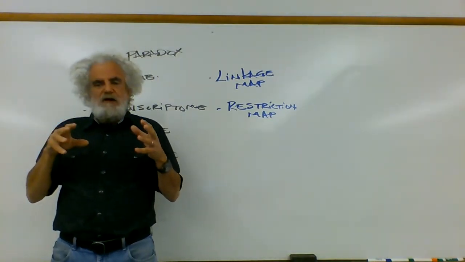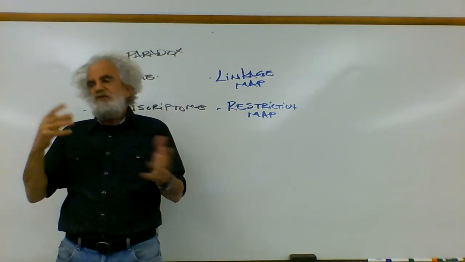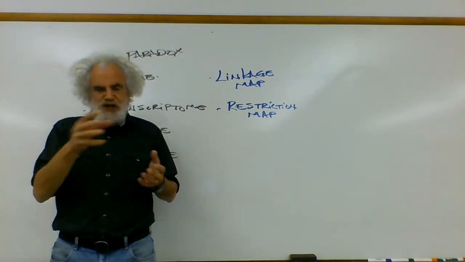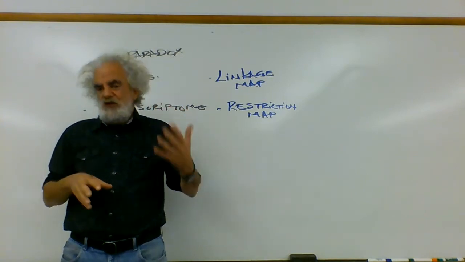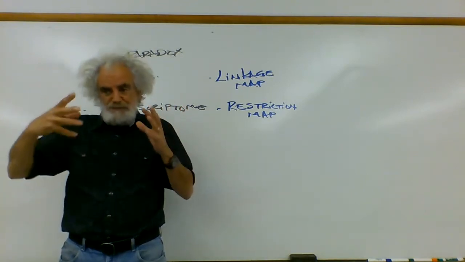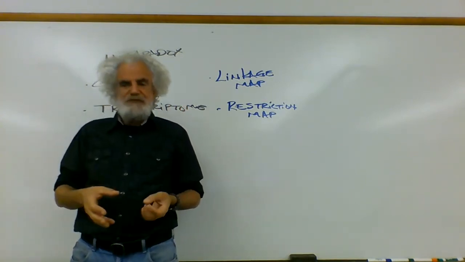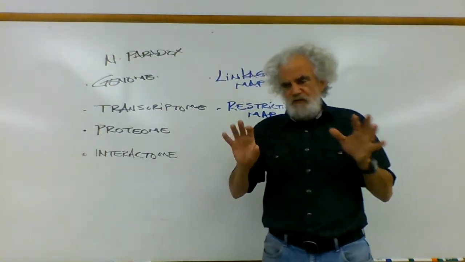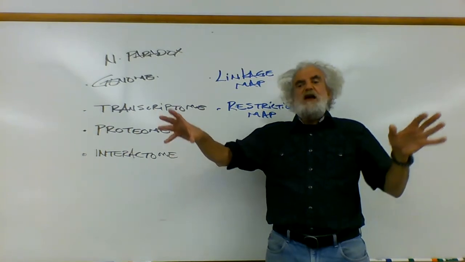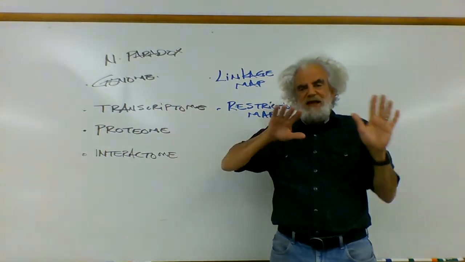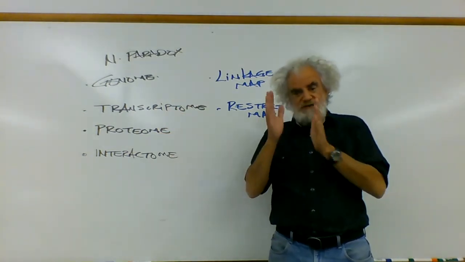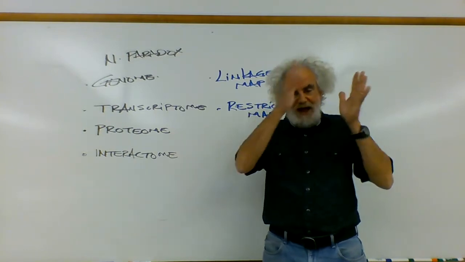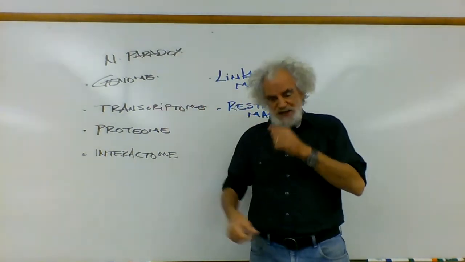The molecular characterizations of mutations and genes actually is used to reconcile and bring together linkage maps with the physical restriction map. And so, as we have mentioned before, because you have hotspots, the linkage map is somewhat distorted. The physical map is a way of actually putting genes into specific spots on the chromosome.